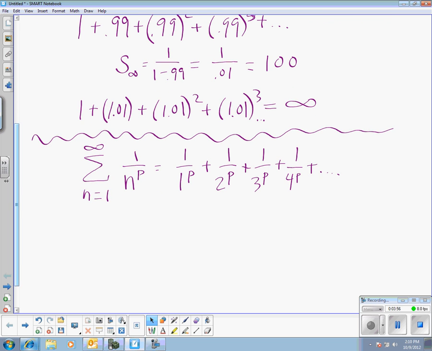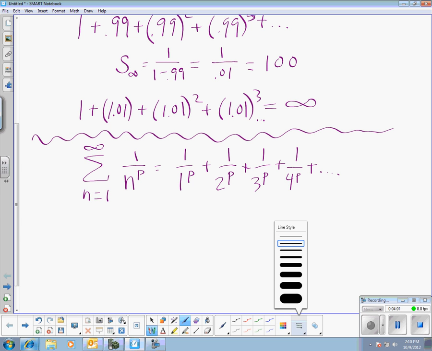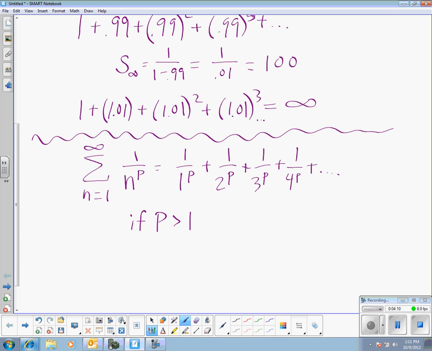And there's a simple rule for a P-series whether or not it's going to converge. Okay, if P is greater than 1, where P is the power of the bottom, or the exponent of the bottom, then it converges. And if P is less than or equal to 1, let me rephrase that.